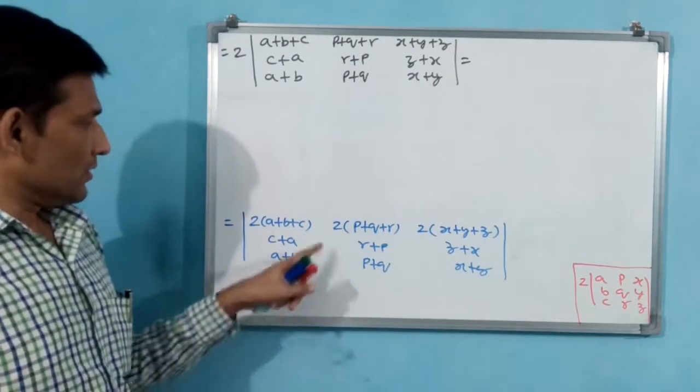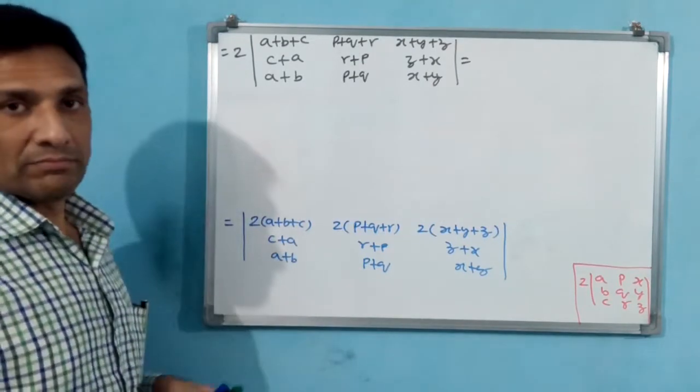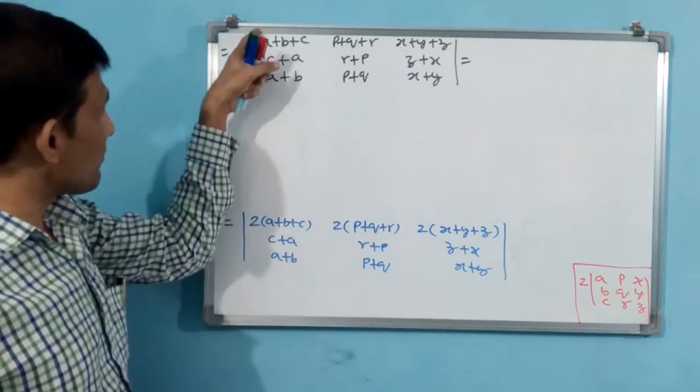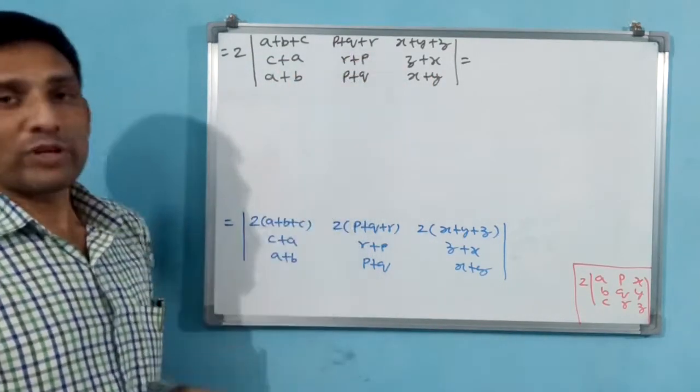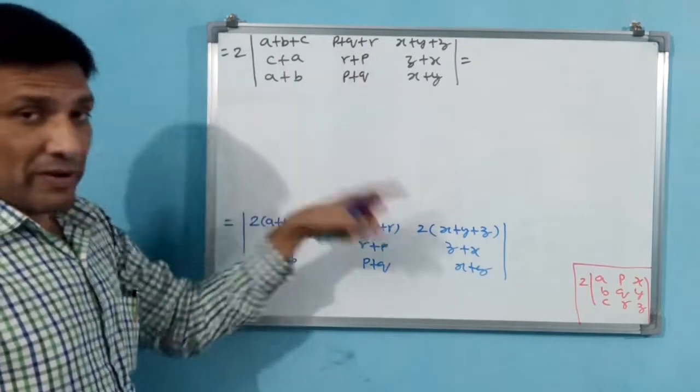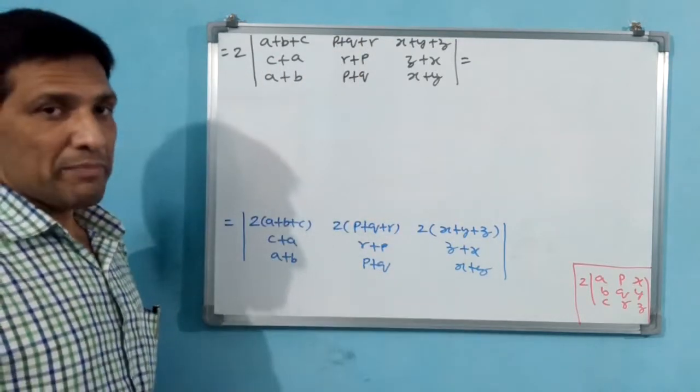Is it okay? You see, 2 I have taken outside. If I want to multiply 2, you can multiply a column also or any row: second row, third row, fourth row, anything you can do.